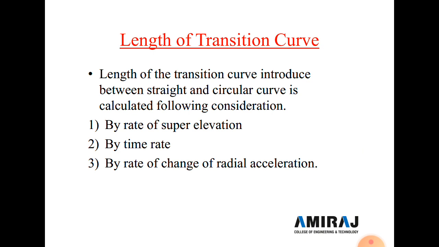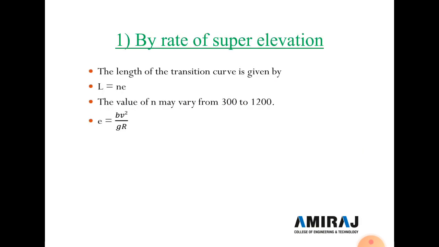Now the next topic is the length of the transition curve. The length of the transition curve introduced between the straight and circular curve is calculated by the following considerations. First is by rate of super elevation, second is by time rate, and third is by rate of change of radial acceleration. First we discuss the rate of super elevation.